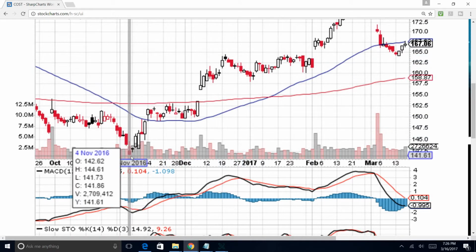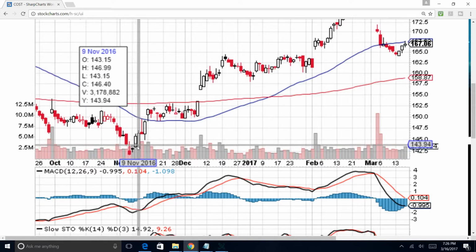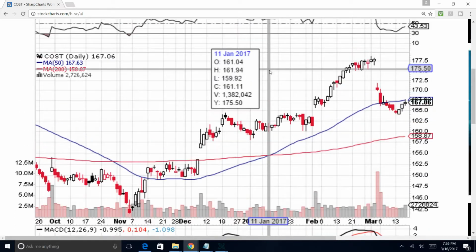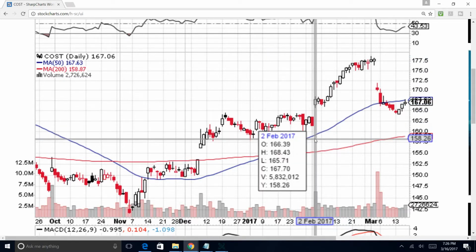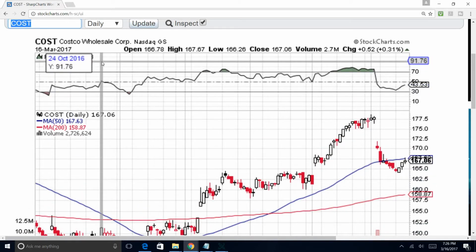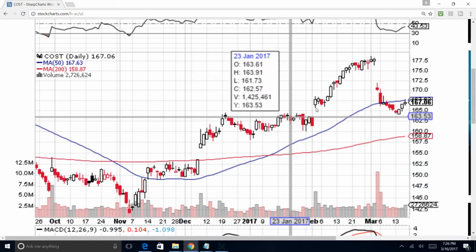So had we bought down here in the 143, 144 range, we would have enjoyed profits, looks like all the way up to 177, which would have been nice gains for us.